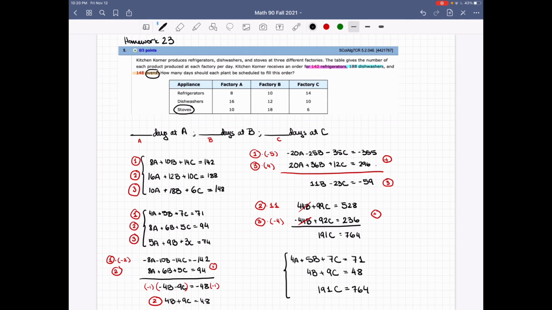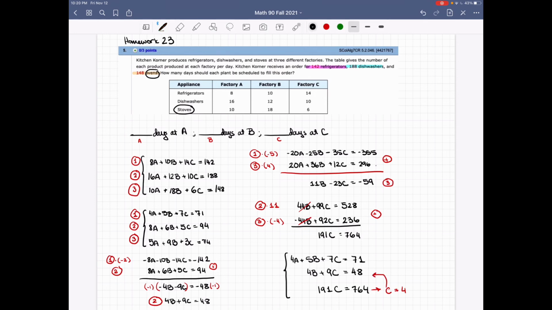So from here, we're going to go backwards. From the bottom equation, we'll divide both sides by 191, and we get that c is equal to 4. We're going to plug that into the second equation.